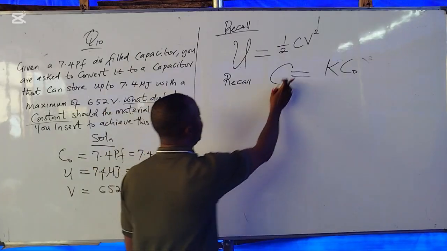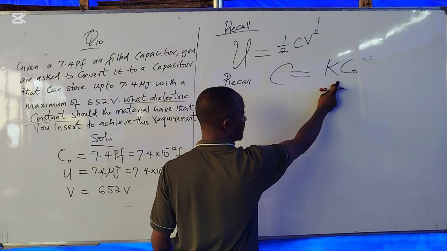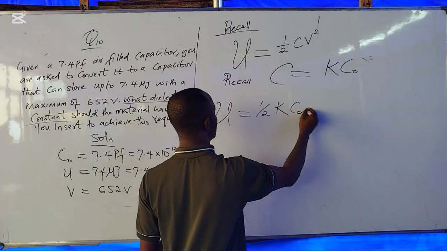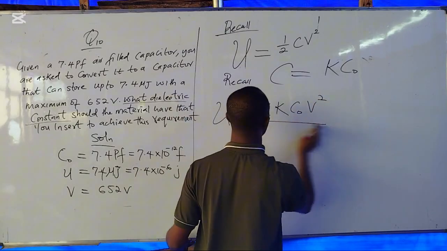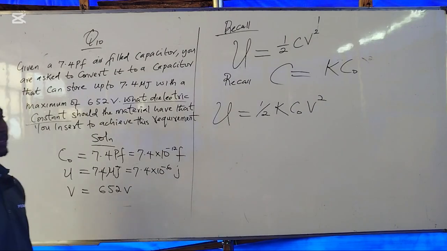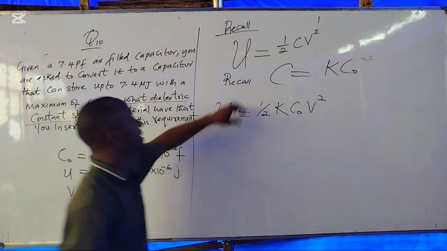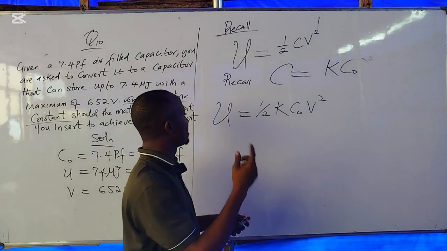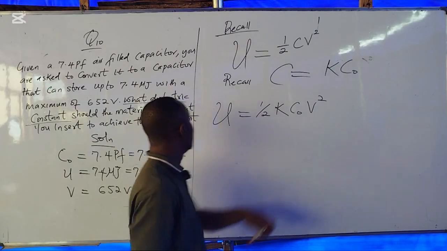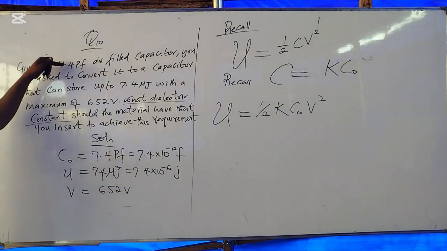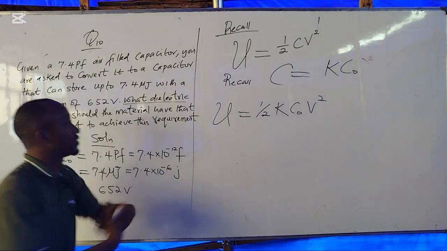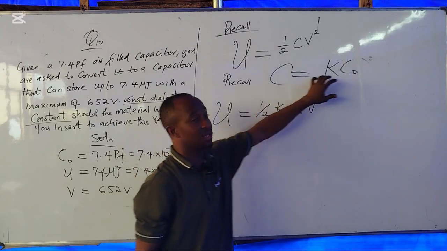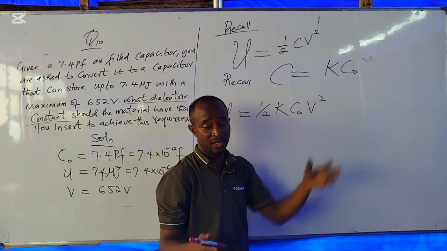That means I can replace C with this, and the energy becomes half K C naught V squared. This is the energy stored when the material is not air. But since we are given a 7.4 picofarad air-filled capacitor and I have to introduce a dielectric, knowing that this exists, our C equals K C naught. Is that in your notes? Good.